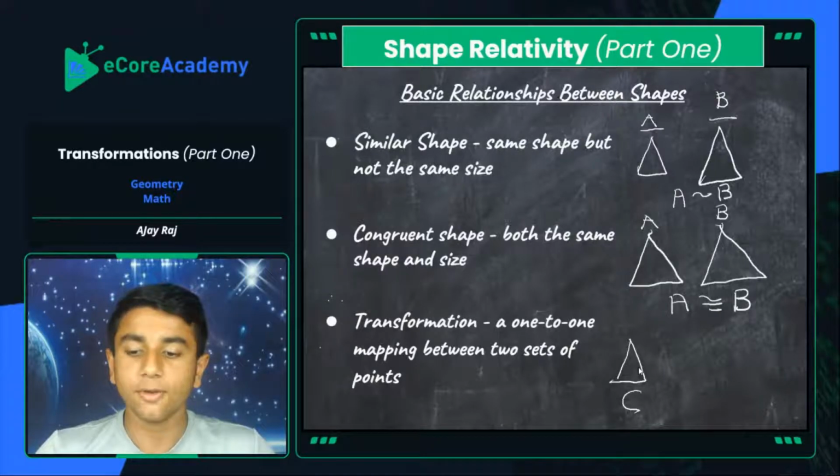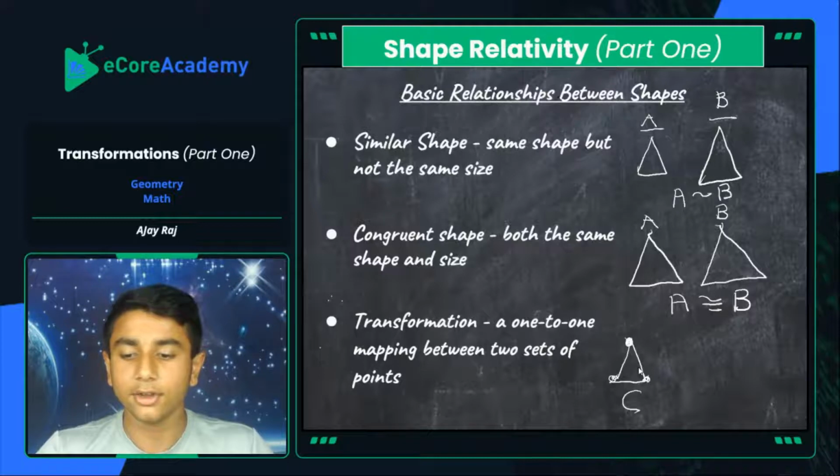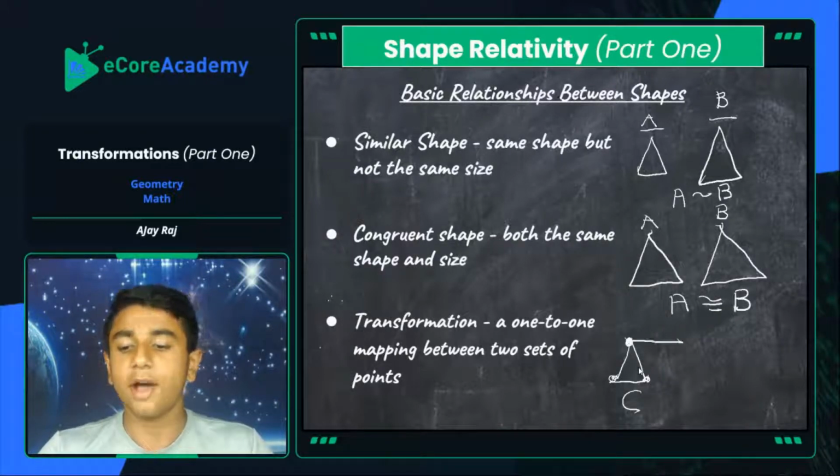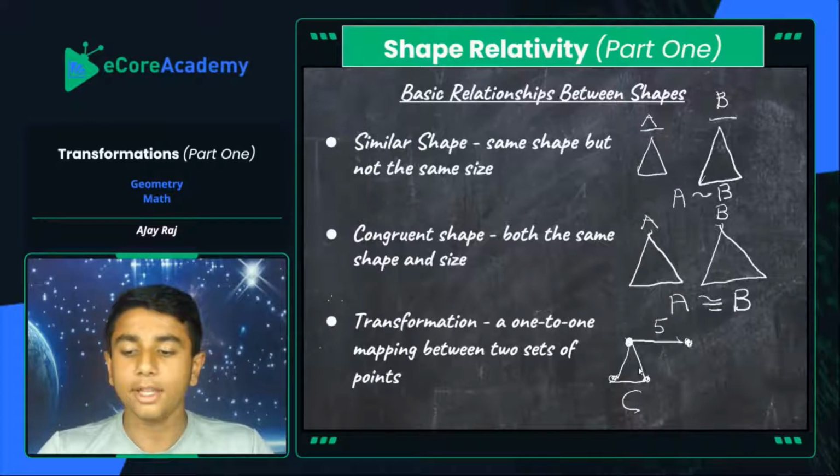Say, for example, let's take this top vertex of triangle C that I'm circling, and you're moving it 5 units across, and you're mapping it right here. That means every other vertex of the triangle must also be moved 5 units.